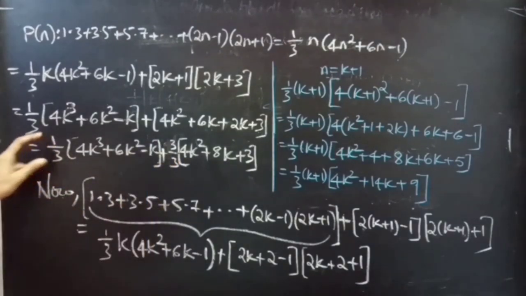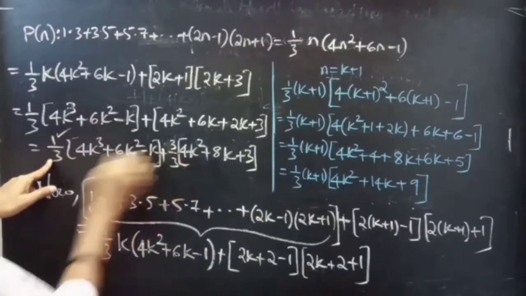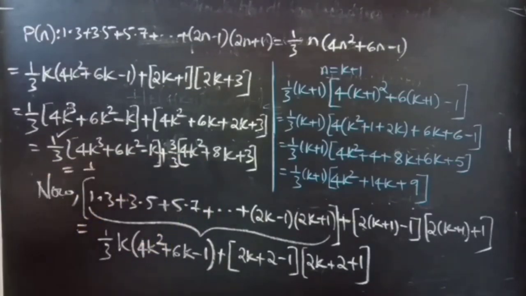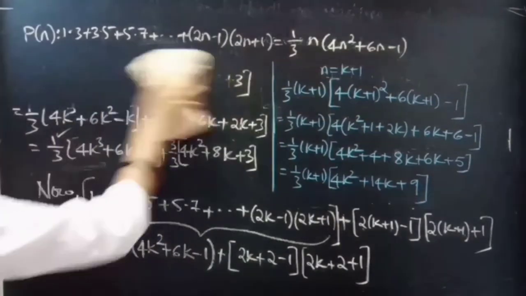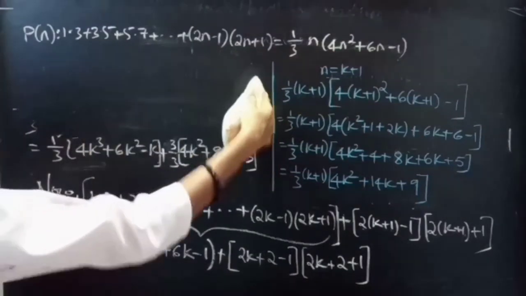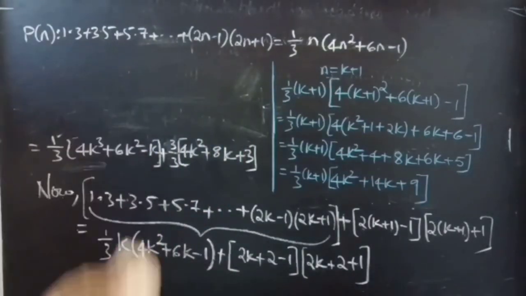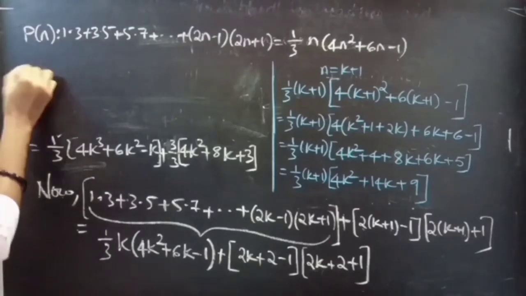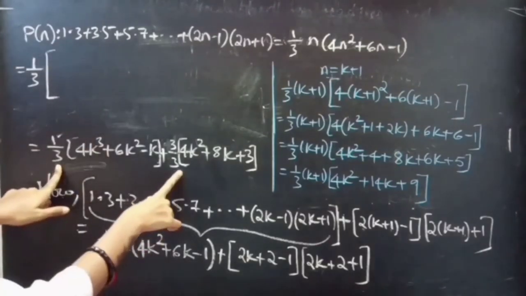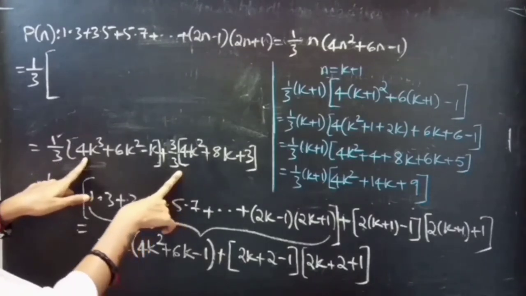So in the next step, you can take 1 by 3 common from these two terms. Then you'll get 1 by 3. Now we are taking 1 by 3 common from these two terms.